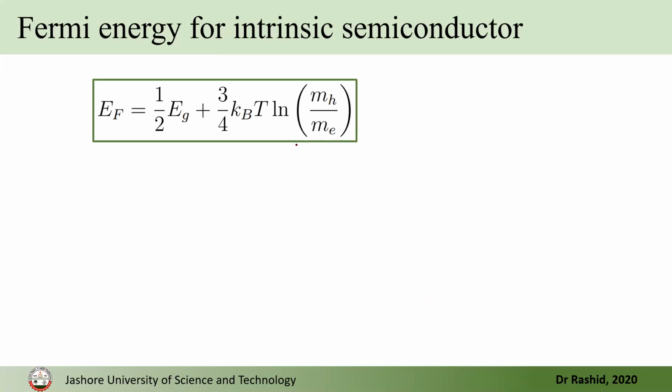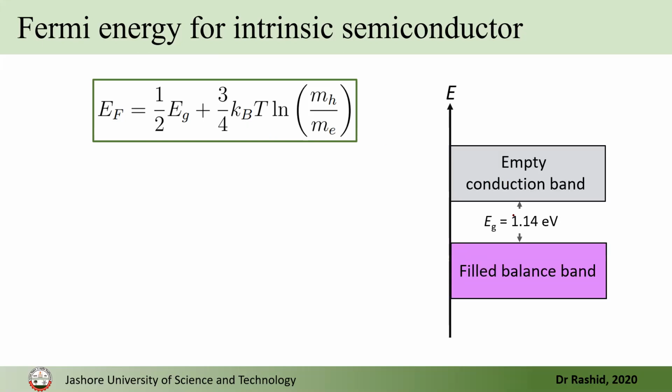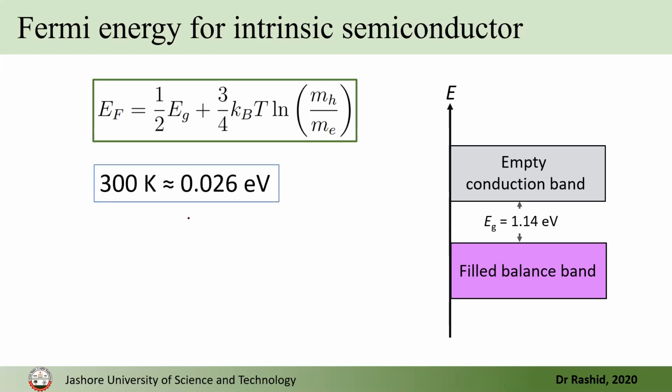So we want to use this one. Before we do so, let's examine this one. Since we know that the energy gap is about 1 electron volt, and we also know that the value of kT at 300 Kelvin is only 26 milli electron volt. That is, this kT at room temperature is much smaller than the energy gap.